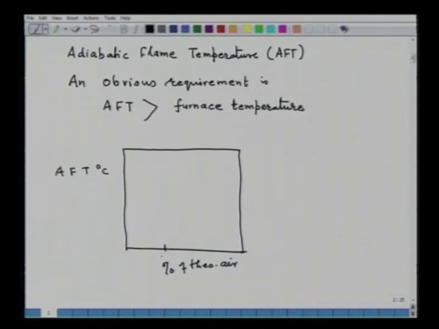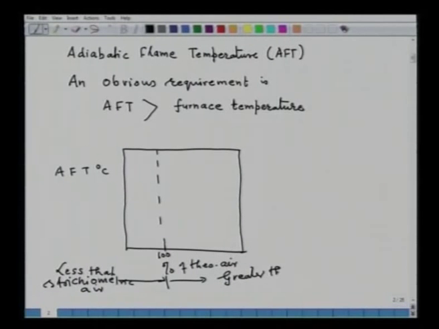Somewhere here I will mark 100%. This side is less than stoichiometric air, and this side is greater than stoichiometric air. You can also call beyond 100% the excess air.